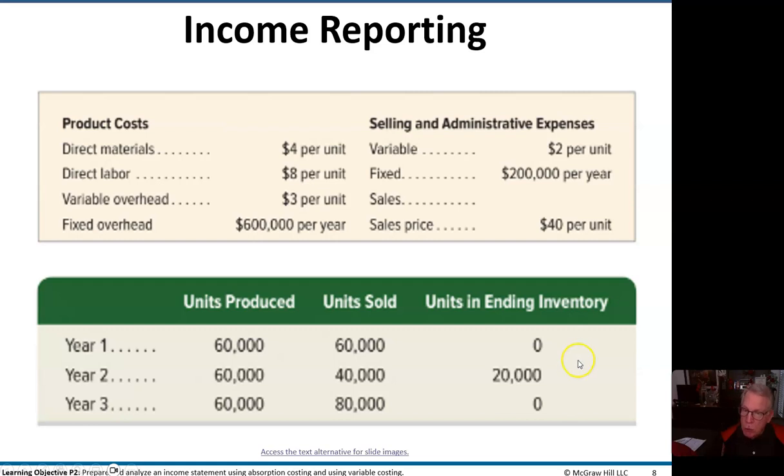But in year 2, we sold less than we produced, and that gave us 20,000 units in ending inventory. But in the third year, we made up for that by selling 80,000 units, and now inventory is back to 0 units. Now that's going to have some very interesting effects on our income reported using full absorption costing.